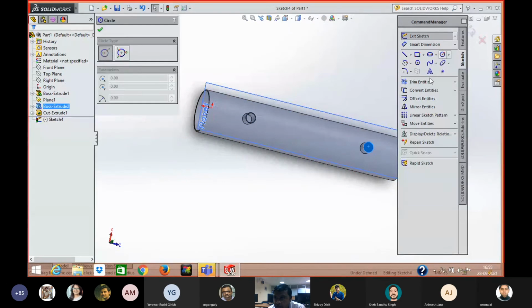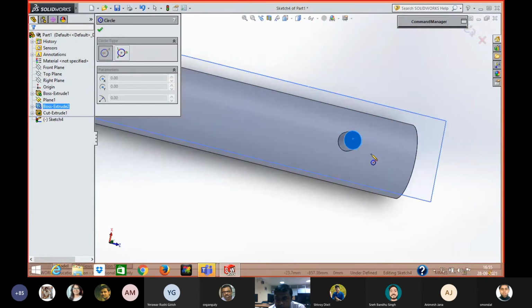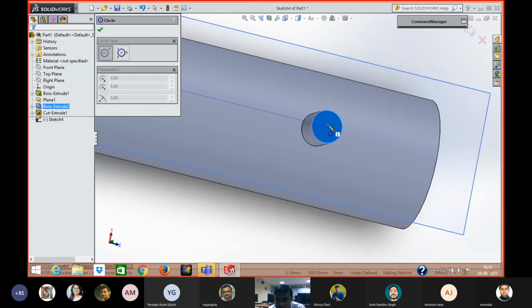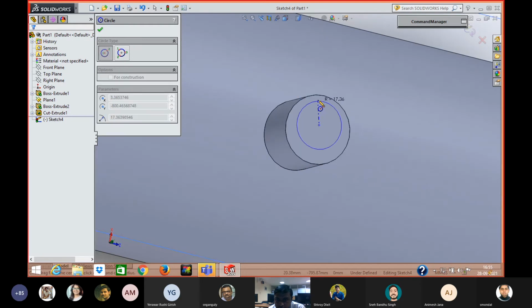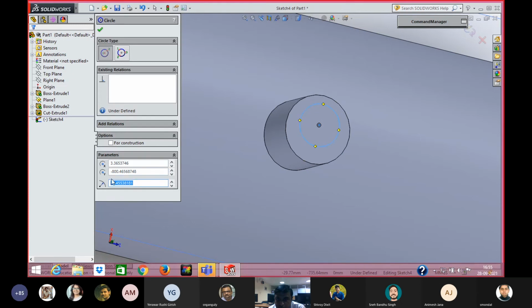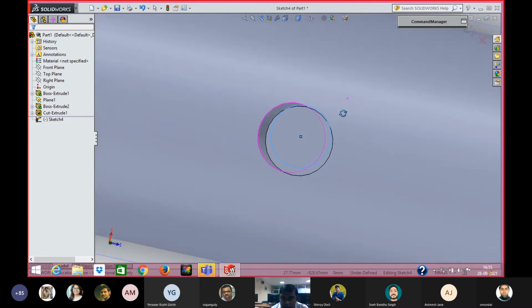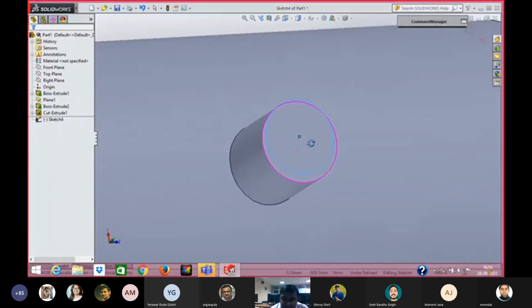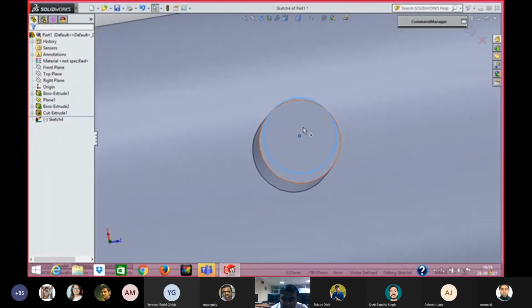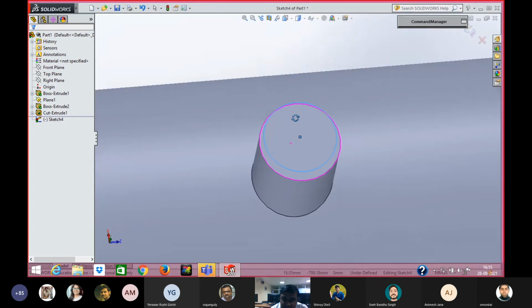Here you see it's not aligned, means I have not taken the proper center of the previous circle and this circle, that's why this has been created.